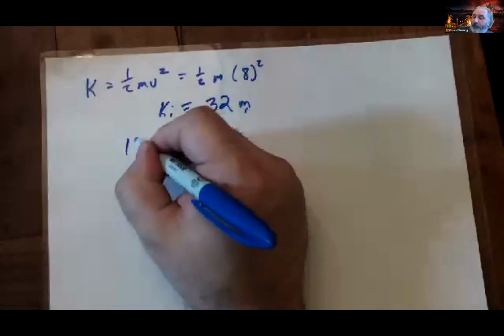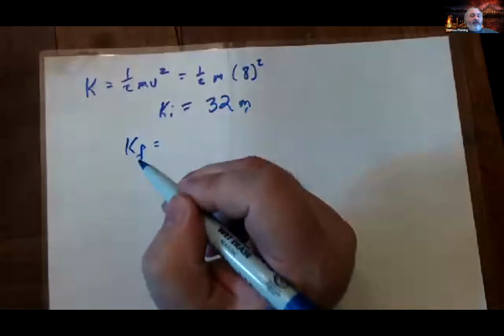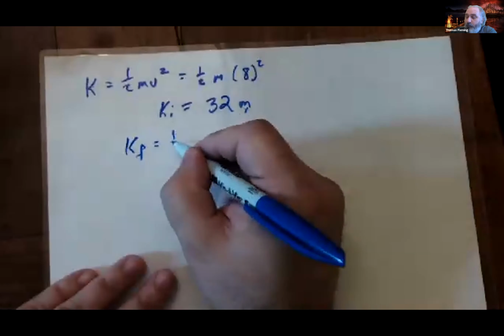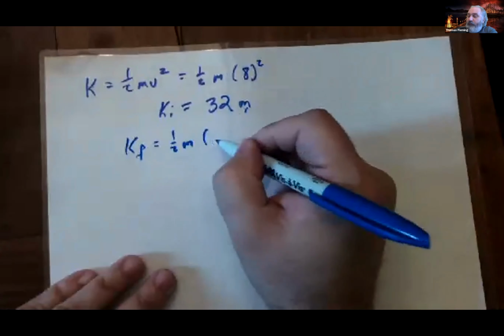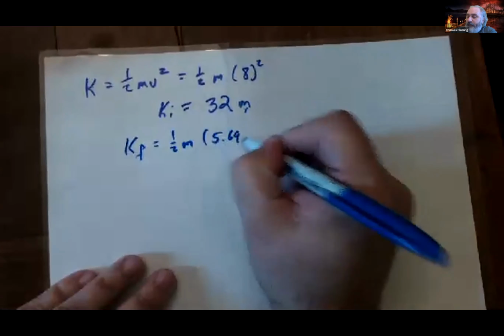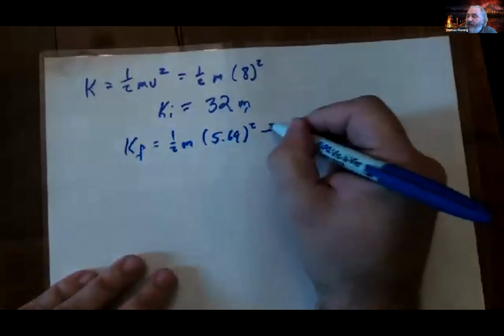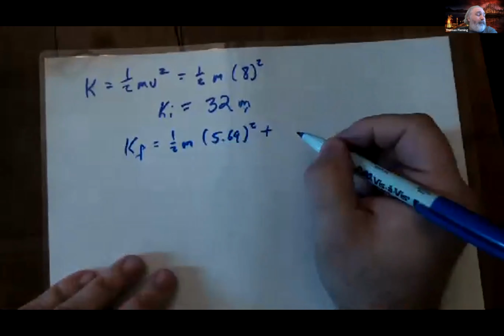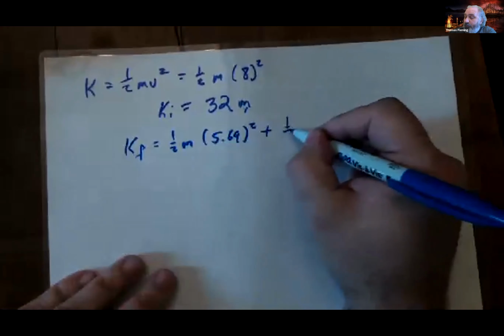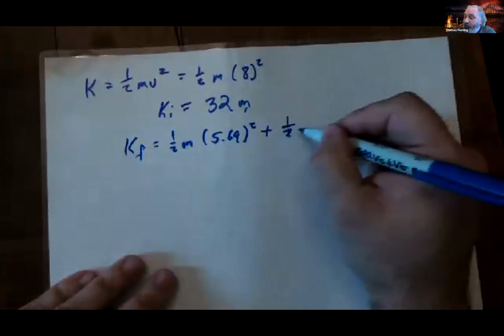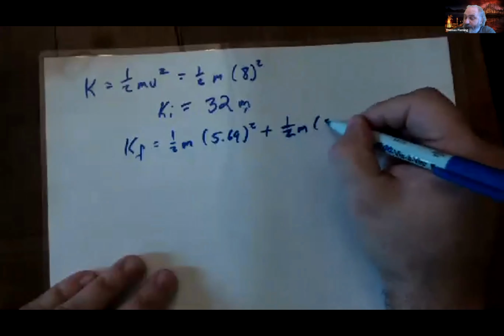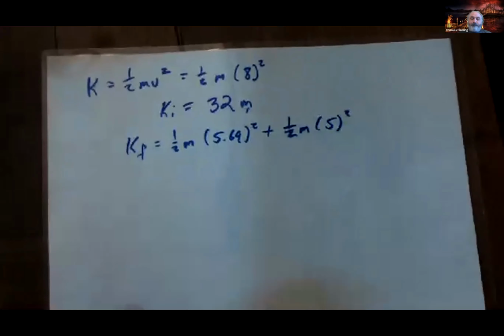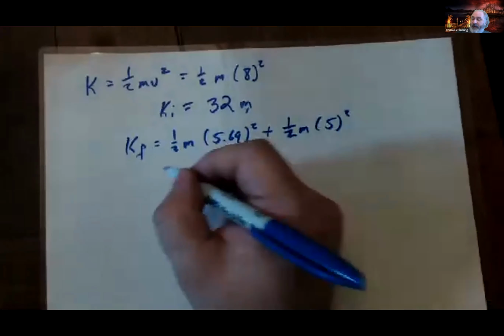Well, K final is going to be the kinetic energy of ball number 1, which is 1/2 times whatever the mass is, times 5.69 squared, plus the kinetic energy of ball number 2, which is 1/2 times whatever the mass is, times his ending speed, which was 5 squared. Let's just work it out and see what we get.